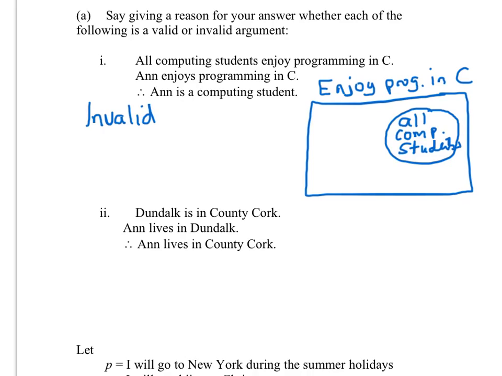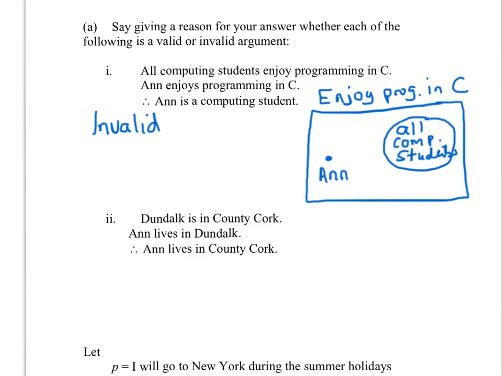All right. Second statement says Anne enjoys programming in C. Now Anne certainly could be part of this all computing students set, but also Anne could be out here. Anne could form a little point just out here outside that set, and it would still be true that Anne would enjoy programming in C. So for that reason, this argument here is invalid.